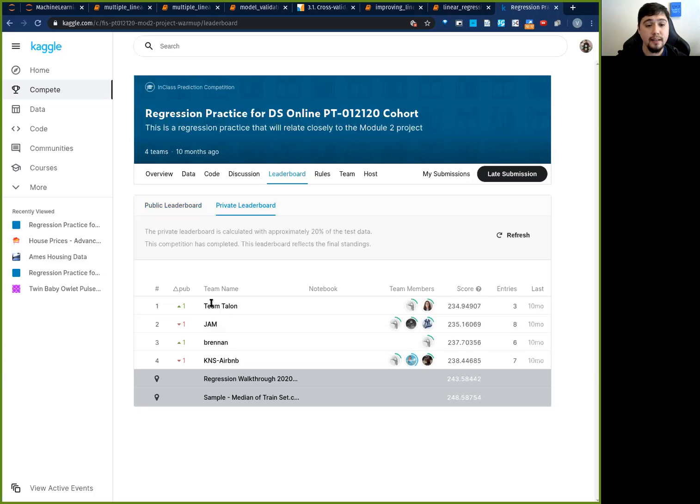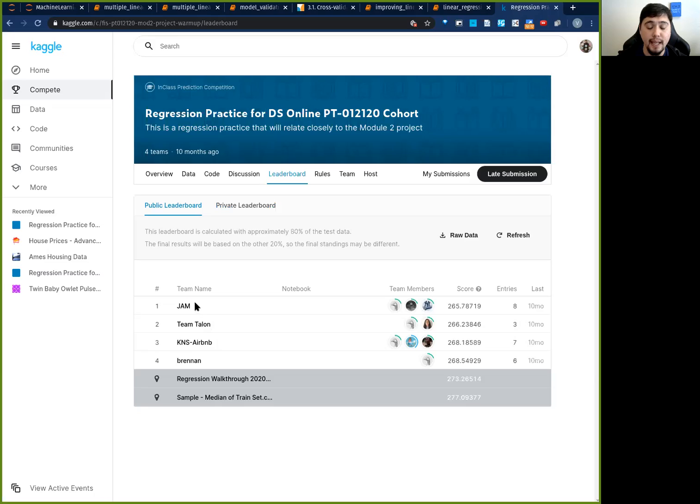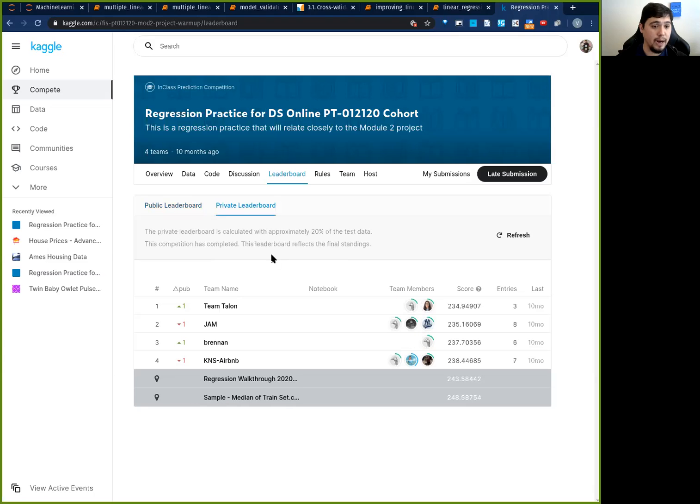In this case, Team Talon actually ended up doing better in the long run. Jam might have started overfitting on the public data, even though they had the best score initially. When we see the final private score that they didn't see until the competition was done, Jam did not do as well, and Team Talon did better.